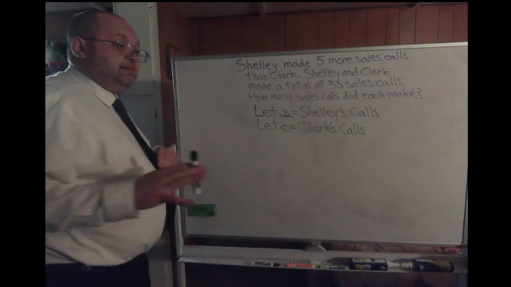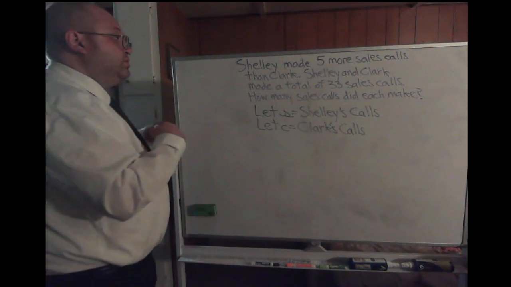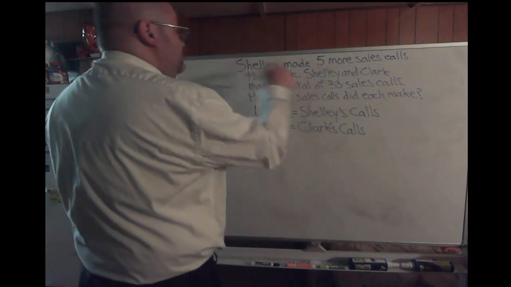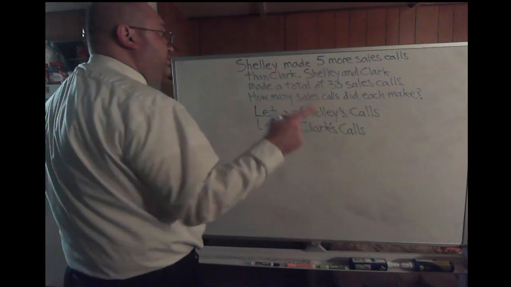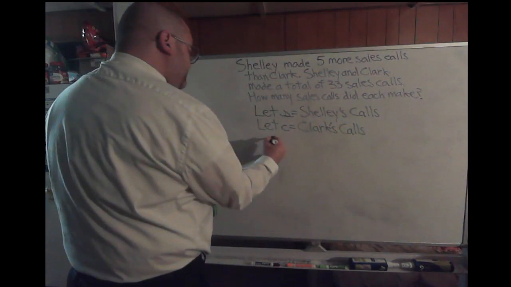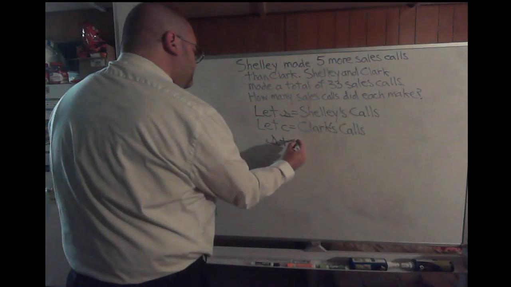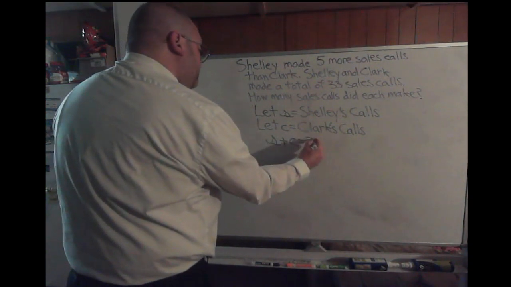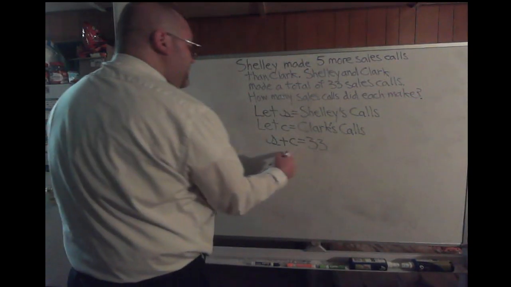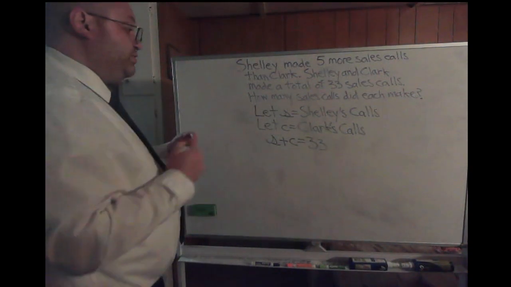Now that we've established our variables for the unknown, the second sentence tells us that Shelley and Clark made a total of 33 sales calls. So together, if you take Shelley's calls S plus Clark's calls C, they made a total of 33 calls.